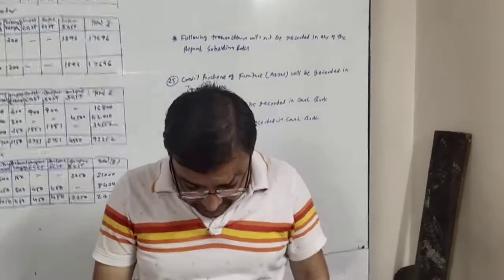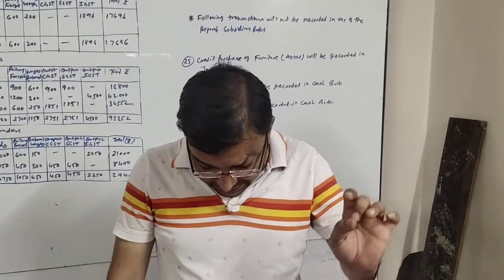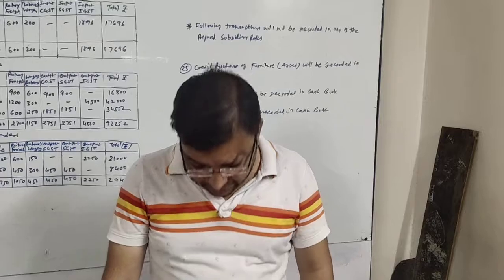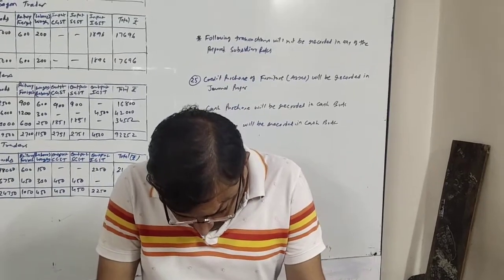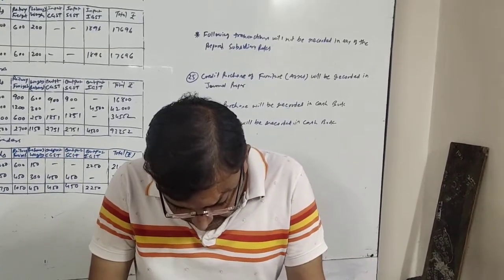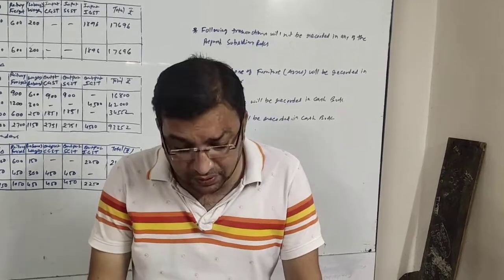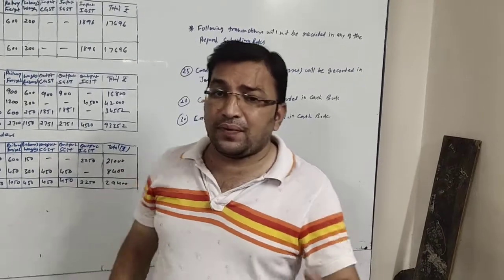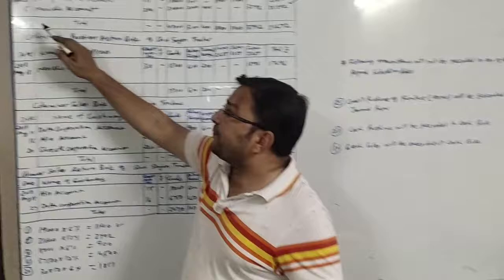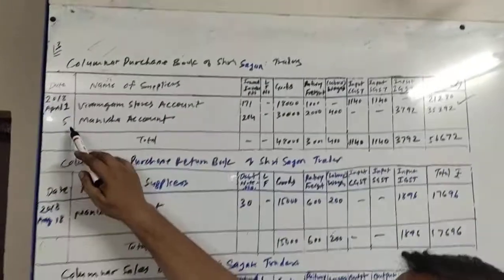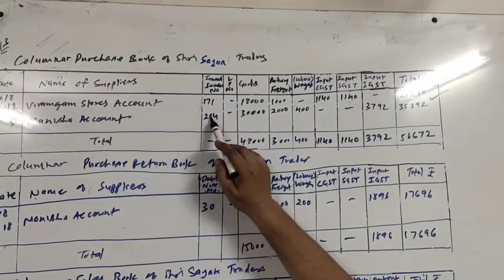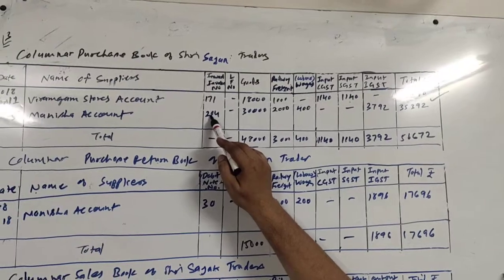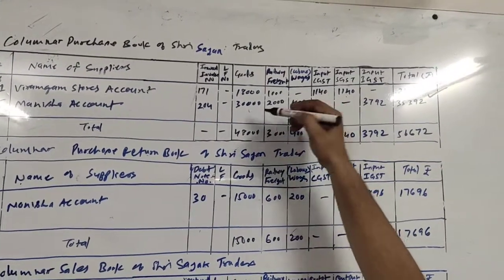Now let's talk about the transaction amounts. We are purchasing goods of rupees 30,000 from Manisha of Varanasi. Sorry, there is no trade discount. So here it is: Manisha account, 204 is the invoice number given, 30,000 is the goods amount.